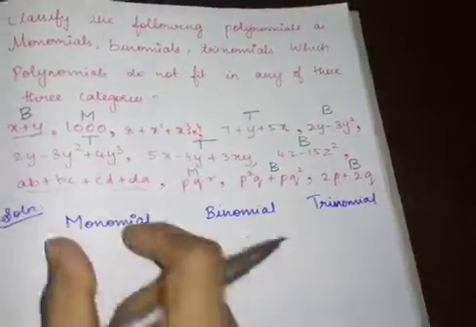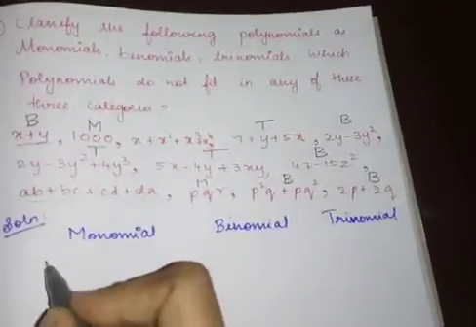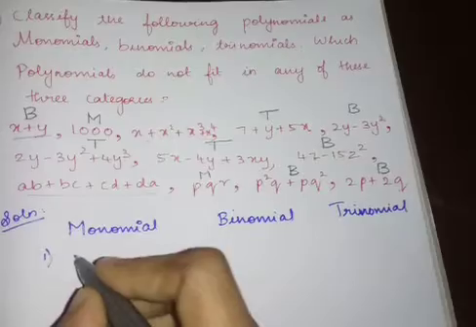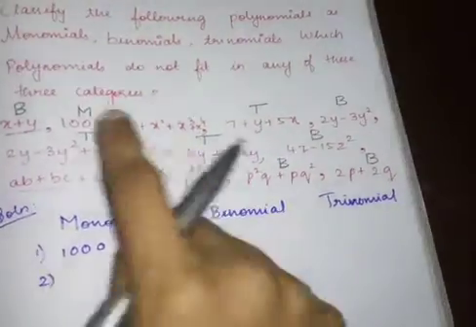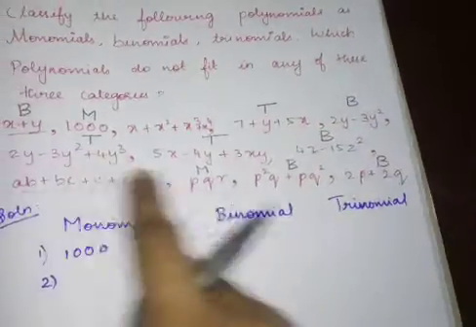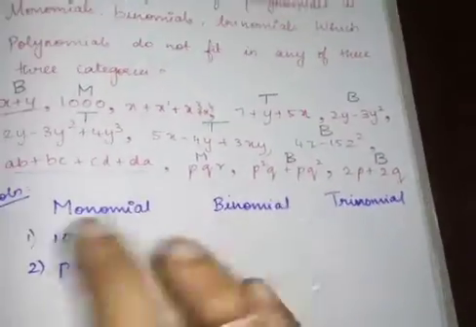I just wrote these three categories, monomial, binomial, trinomial. First, what are the monomial terms? 1000. Second one, where is this M? Here, PQR. Okay, that's all. The monomial terms got over.